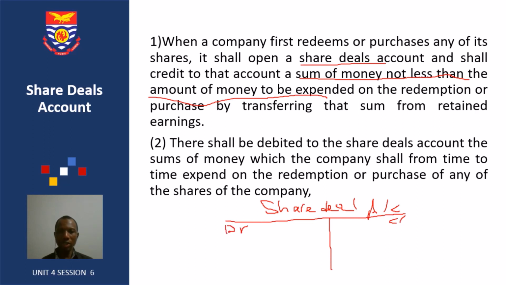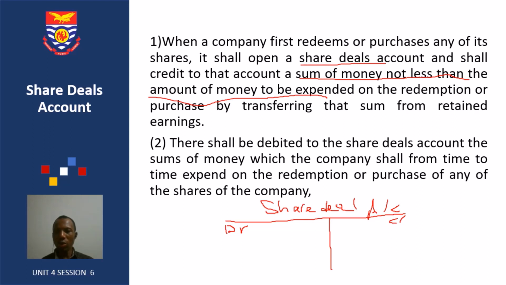Now that's what you are saying. You credit the share dealing account with the amount that is needed to purchase or redeem the company's shares. So you put an amount that should not be less than what you need to use to purchase. So let's assume that you want to purchase or redeem shares.